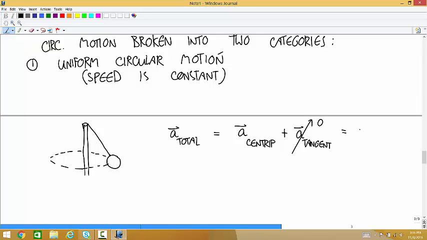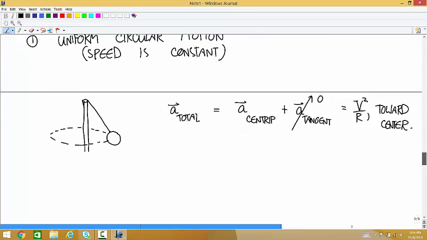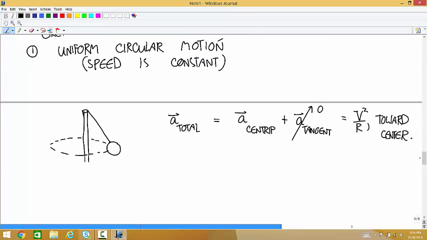And that's just equal to the speed squared over r toward the center. So why is this 0? This tangential acceleration is the one that is responsible for something speeding up or slowing down. So in this case of uniform circular motion, we don't have that.